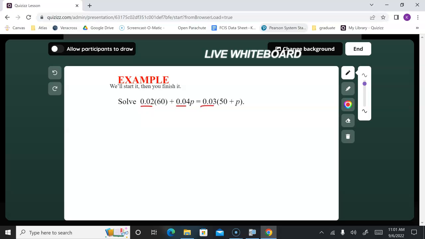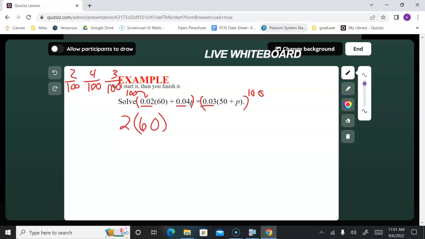What place value is each of these decimals in? The hundredths. So I have 2 hundredths and 4 hundredths and 3 hundredths. So then what is my least common denominator? So I'm going to multiply everything by 100. Well, what's 100 times 0.02? 2.